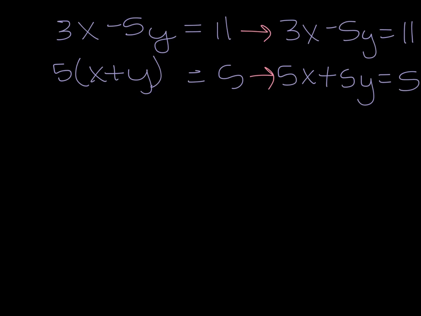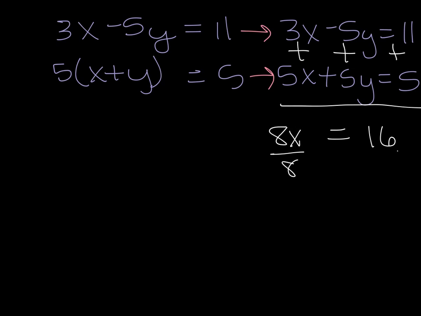So I know I'm going to add these two equations. So I'm going to add them together. And we get 8x, negative 5y plus 5y is gone. We don't need to write it. 11 plus 5 is 16. Divide both sides by 8. And x is 2.